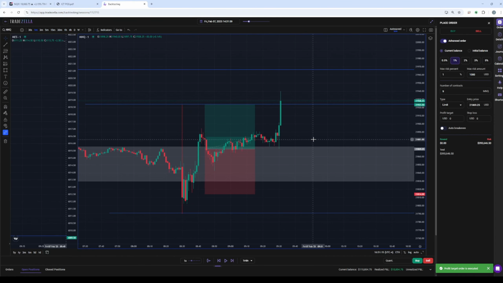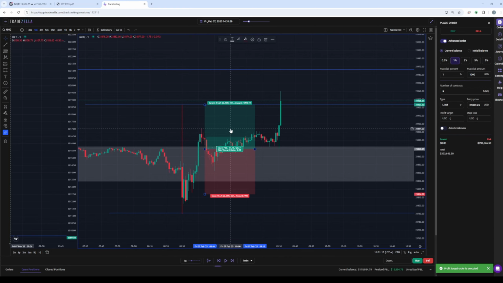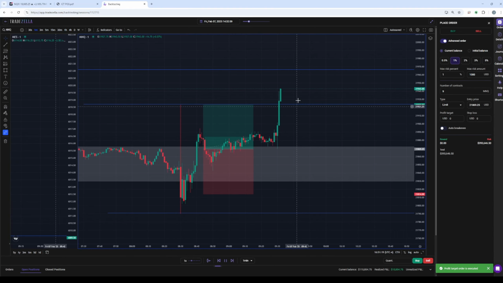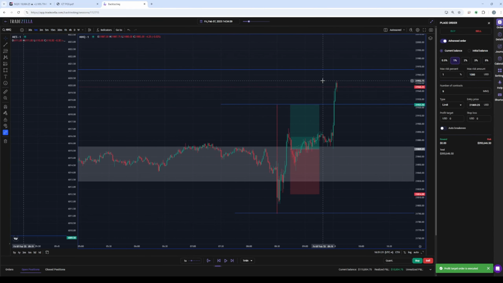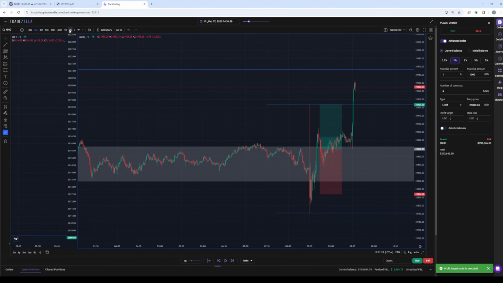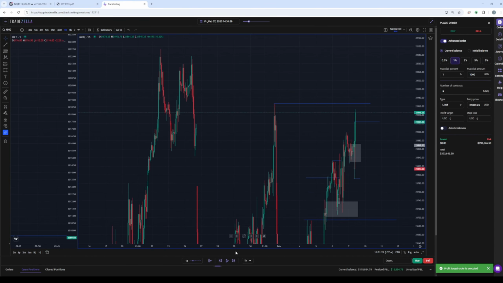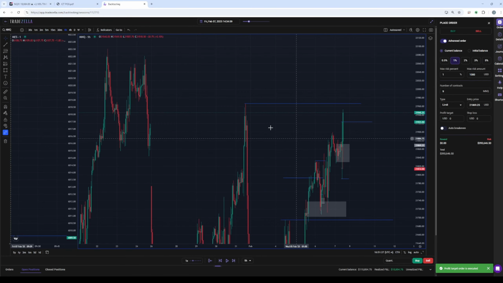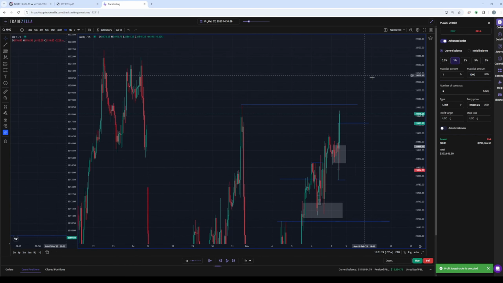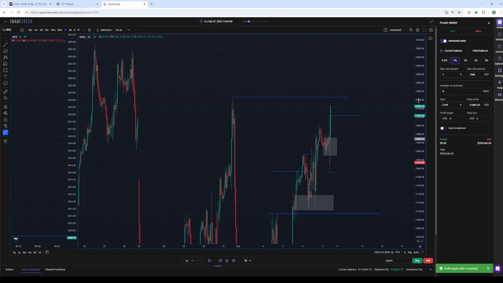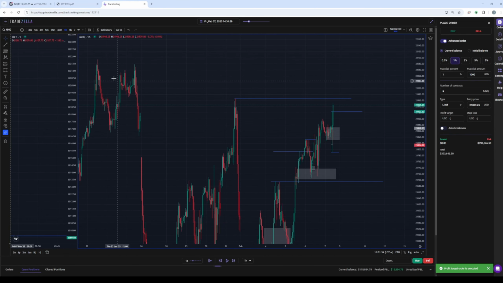And there you go, you get filled on that one. Full target would be these highs at the top, which we do eventually get. So I just skip that. And then once we take out that high at the top, I would probably look for sells, to be honest.